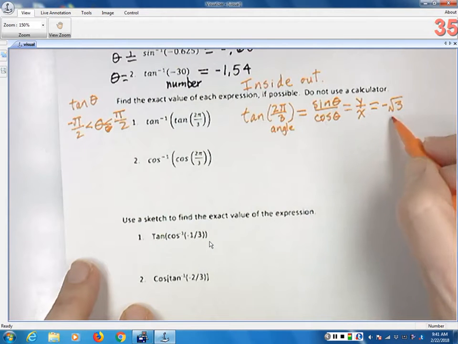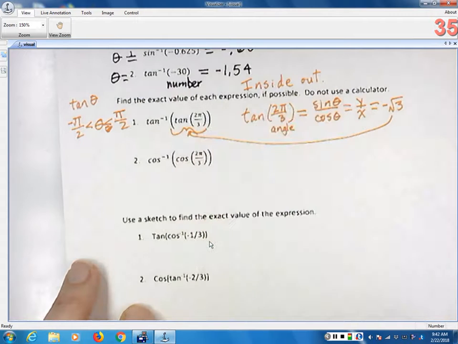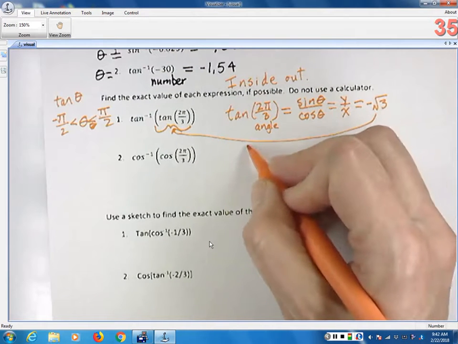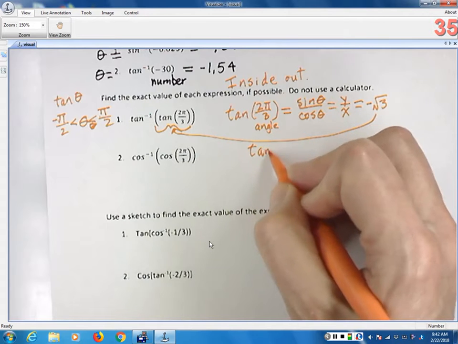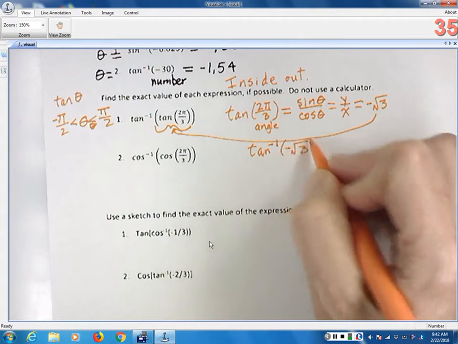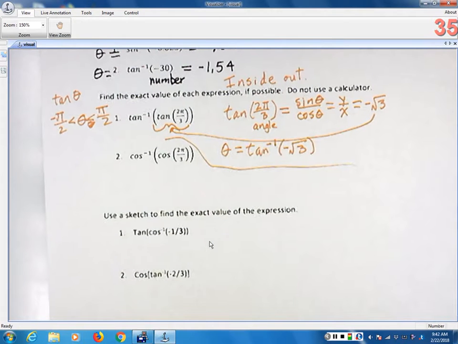Now we're going to plug that in for tangent of 2 pi over 3. We're substituting. So we've got tangent inverse of negative square root of 3. Theta equals. Now it's like the problems we did above, just like those problems.